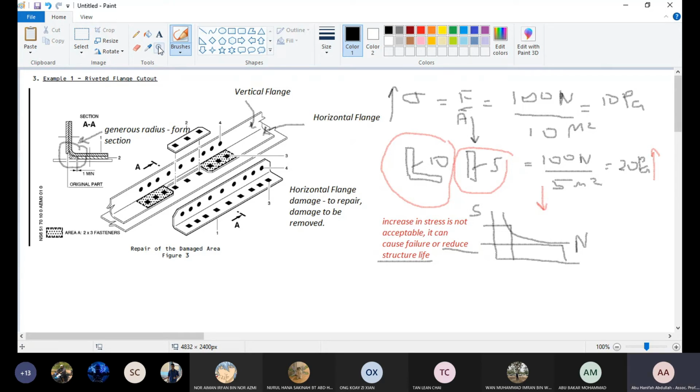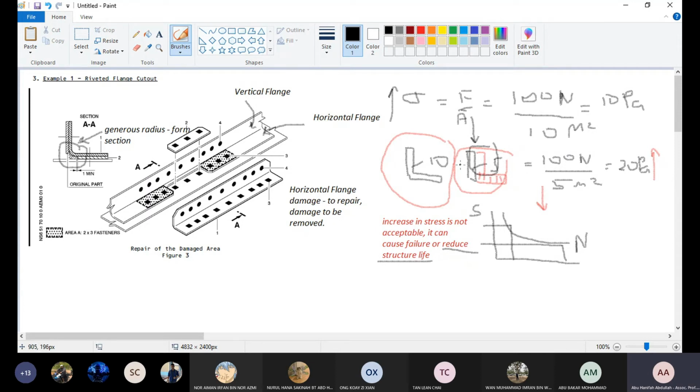So if we put the splice plate, just imagine that whatever we have lost here, we put it back. So we have recovered whatever we have lost. And you may argue we need this vertical flange? We only need to recover this.